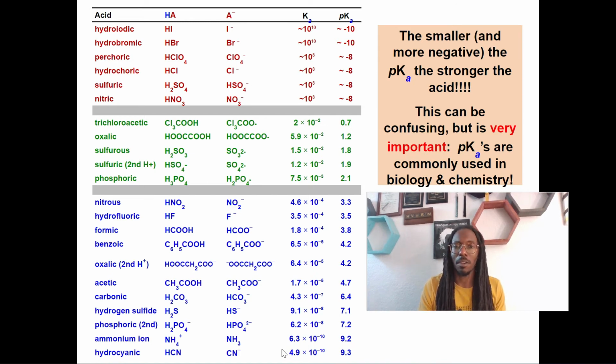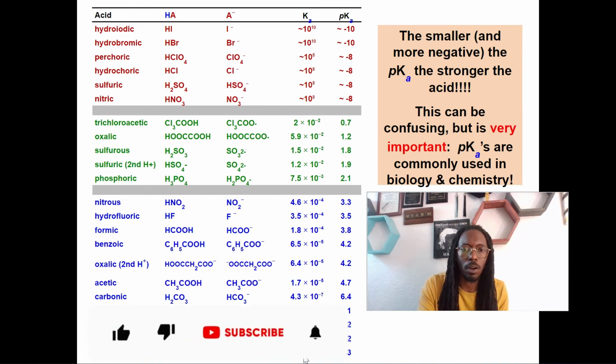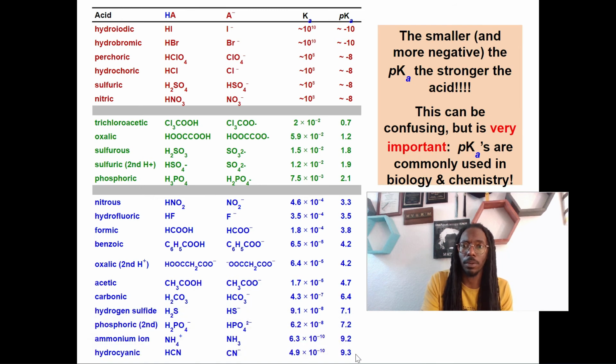A very, very small number. It's still an acid at the end of the day, but it's a very, very weak acid. And if we look at our pKa scale, that's going to match. We've got a small Ka value, so expect a very high pKa value. In this case, we get a 9.3. Very high for an acid.